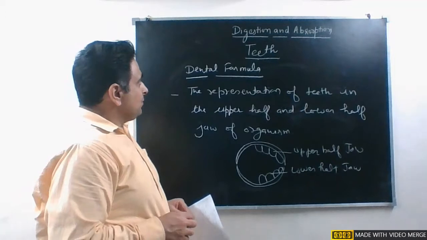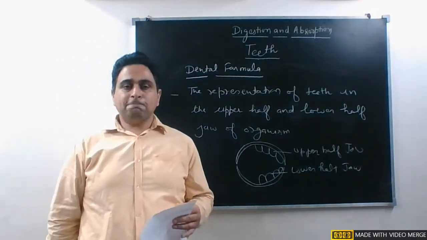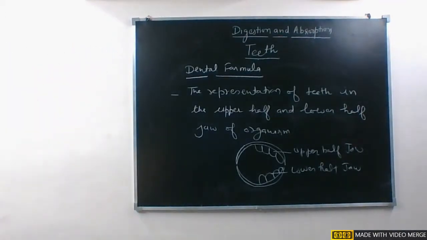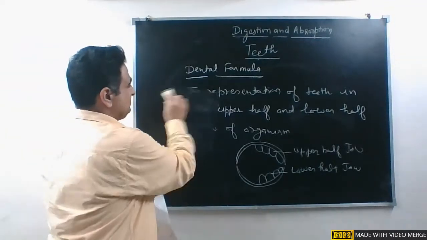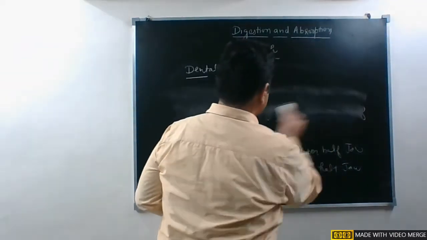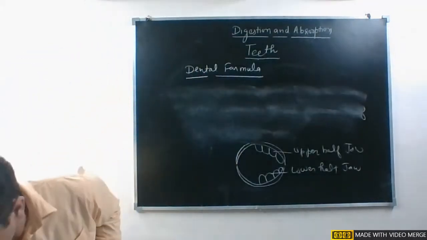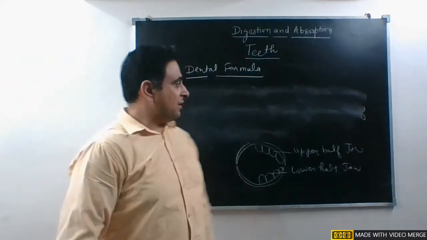So now, student, if we talk about human beings, in human beings, there are two types of teeth in their life cycle.